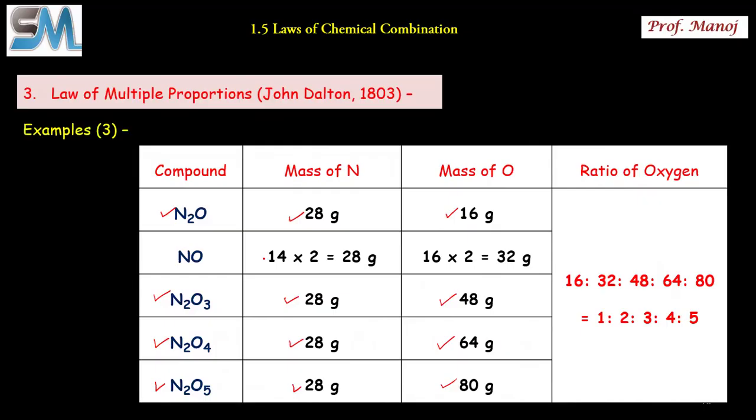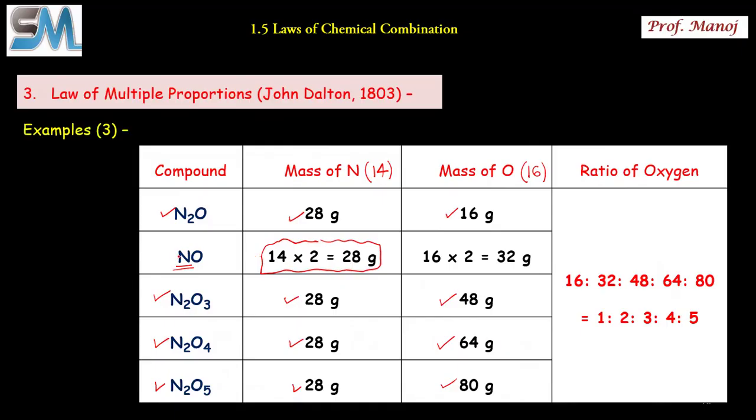But the difference comes over here. Here there is only one nitrogen atom whose mass is 14. By the way, nitrogen's atomic mass is 14, oxygen's is 16. To make this amount equal like the other ones, we have multiplied this nitrogen amount.